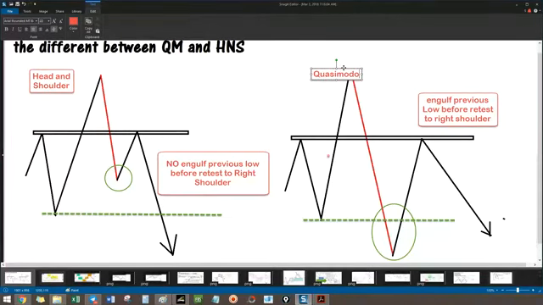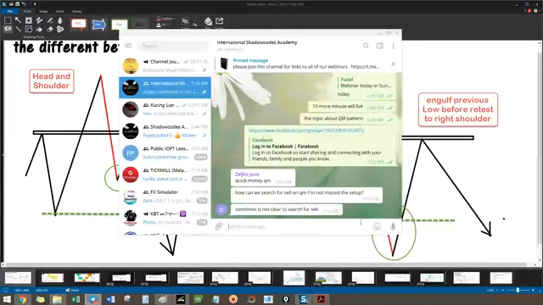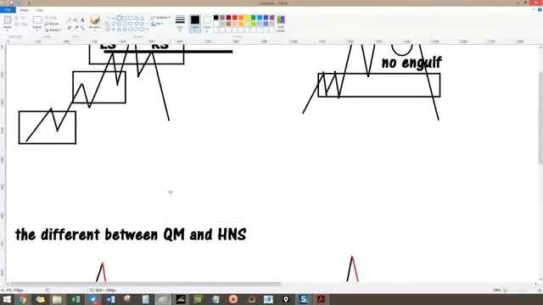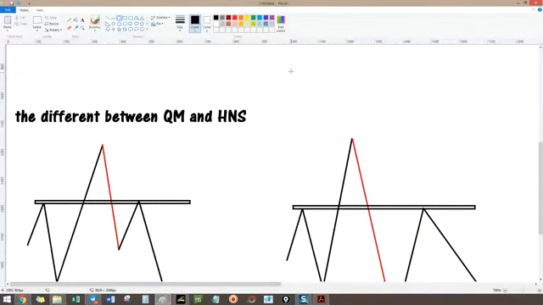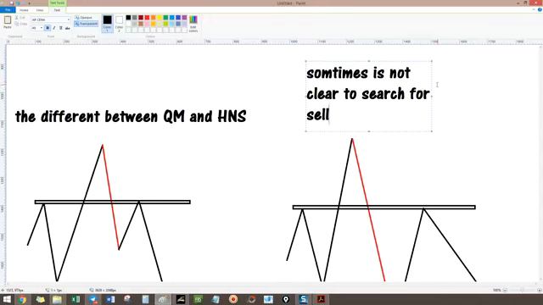How come it becomes not clear? Okay, so this is the question. Sometimes it's not clear. We copy this here in the pane. Sometimes it's not clear to search for sell.